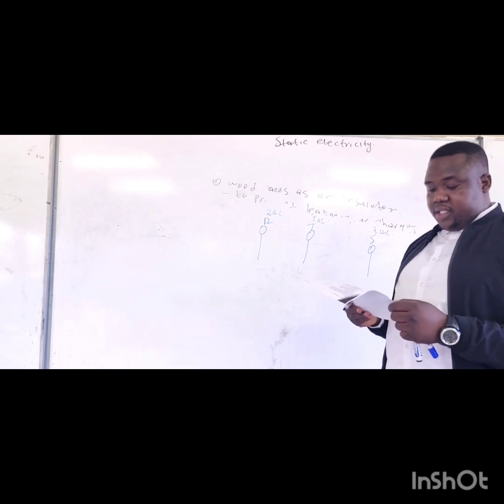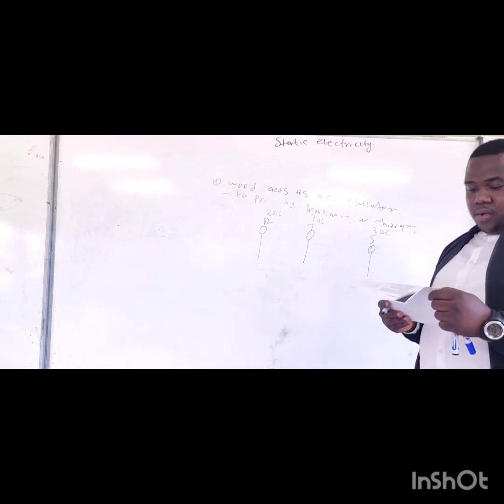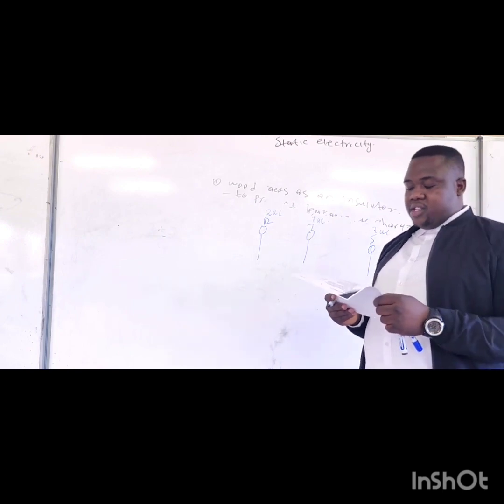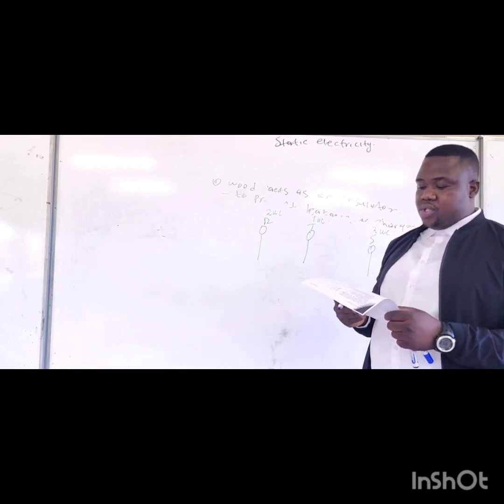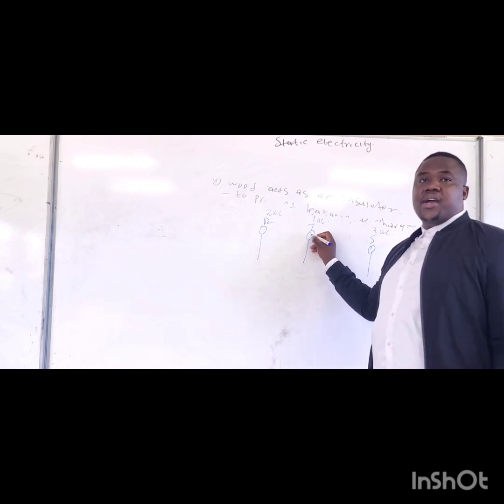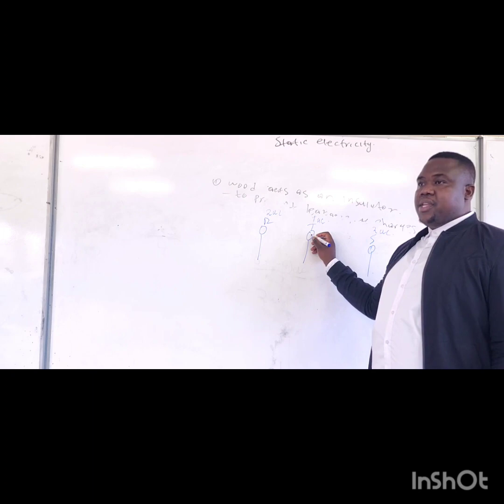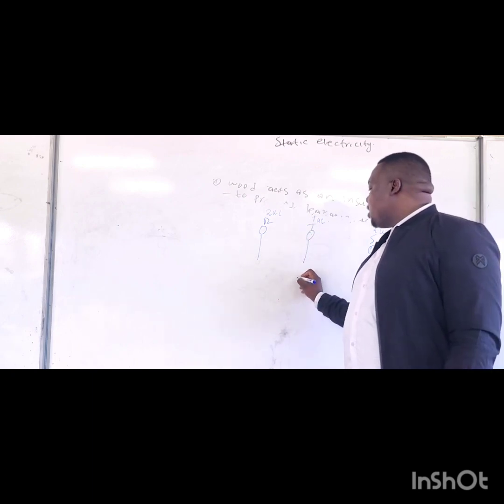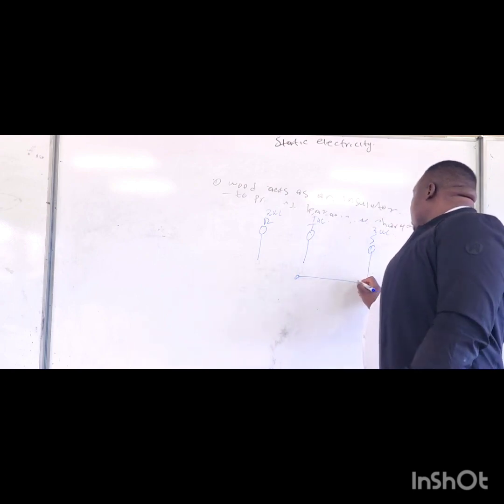So we are told to draw a free body diagram showing the electrostatic force experienced by sphere T due to sphere R. So what will happen to sphere T? It is positive, meaning that it will be repelled. So in our free body diagram, we're going to have this.